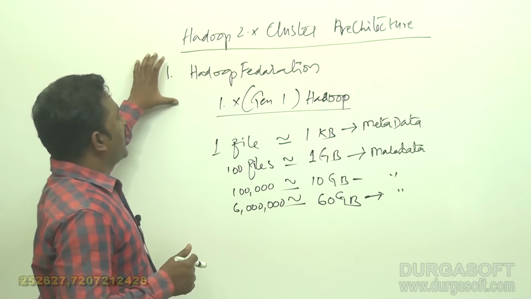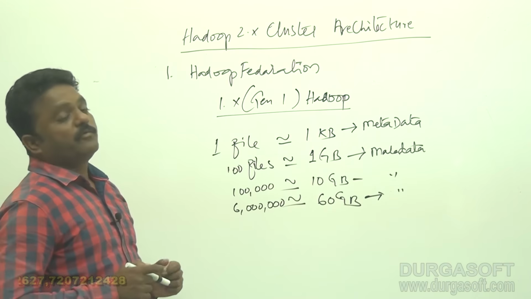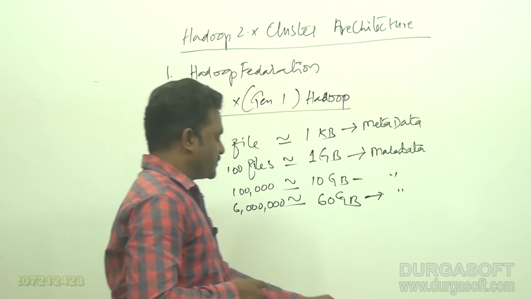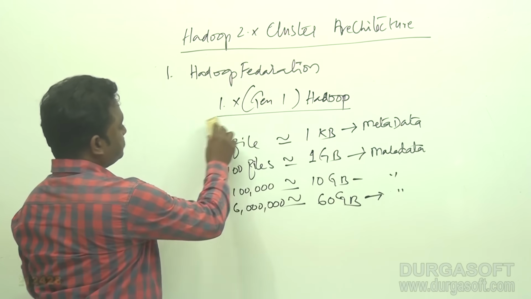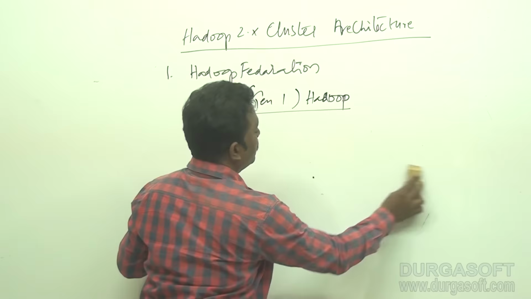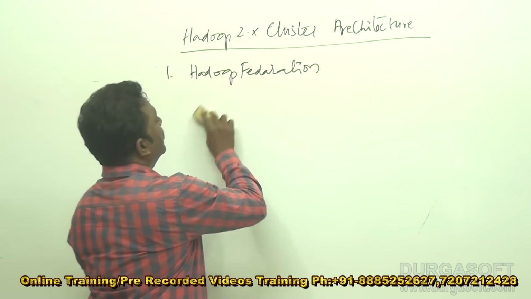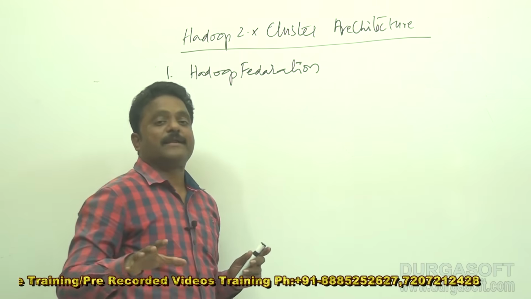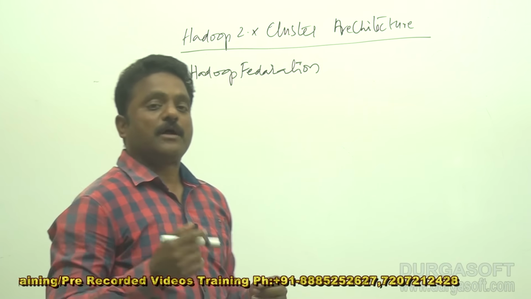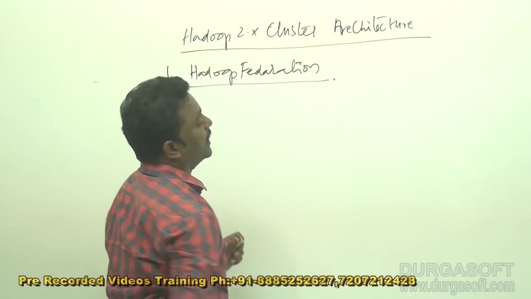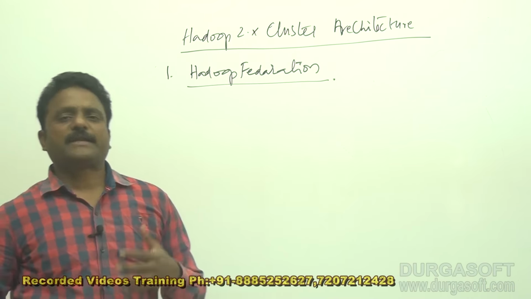That's when in 2x version the concept of Hadoop Federation has been introduced, in which they have decided to have more than one name node or more than one namespace on the Hadoop 2x version of Hadoop.